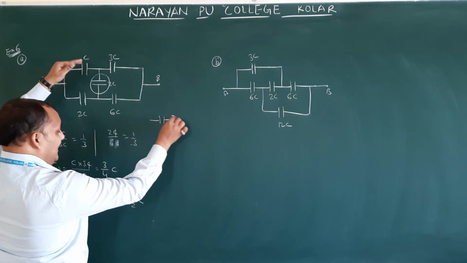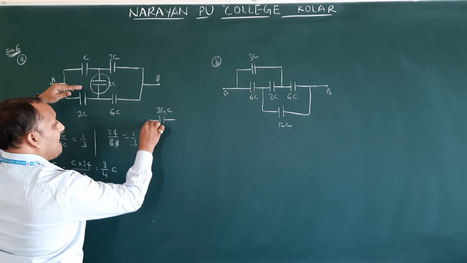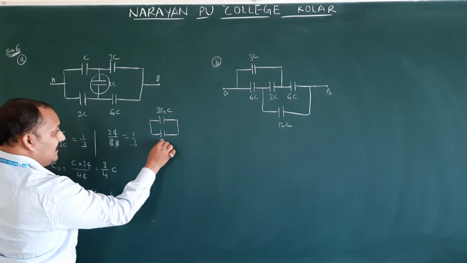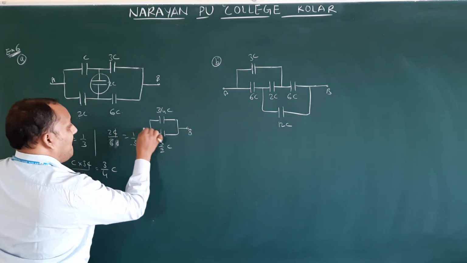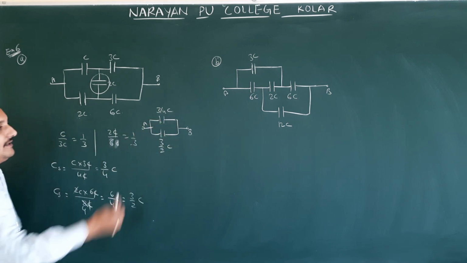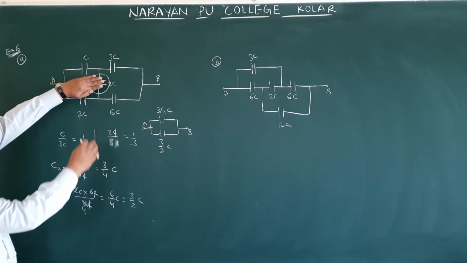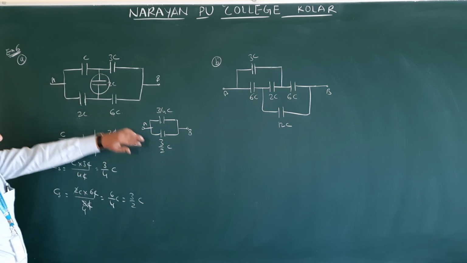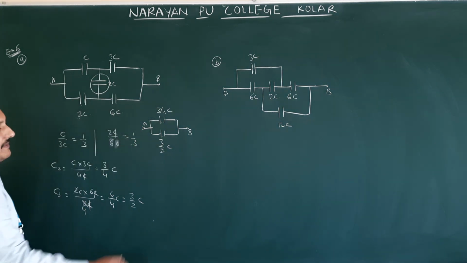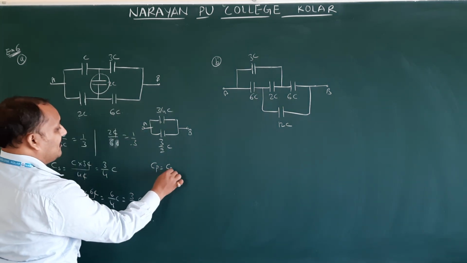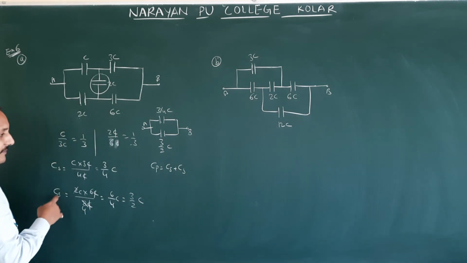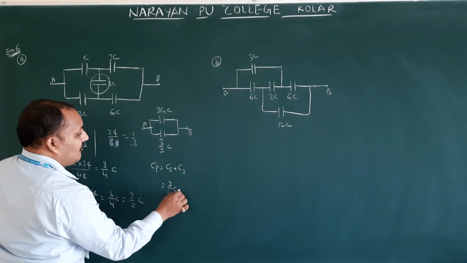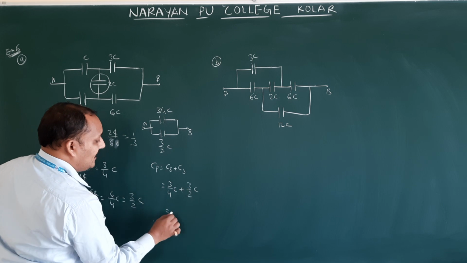The resultant diagram you will be getting like this: 3 by 4C, here 3 by 2C. How are these two connected? Parallel. We don't need to draw directly, here only you have to identify. These two are connected in parallel. So 3 by 4C plus 3 by 2C. Resultant formula: Cp is equal to Cs plus Cs, this one plus this one. So 3 by 4C plus 3 by 2C.